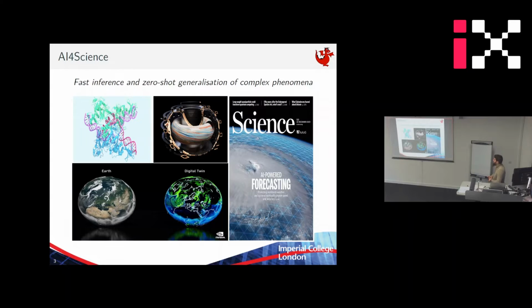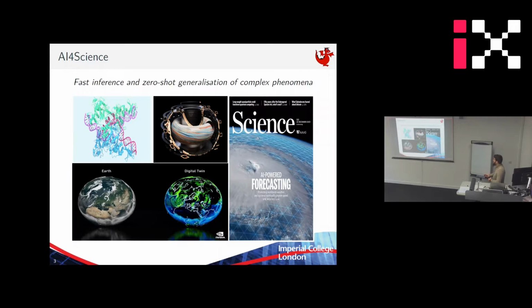So I would say one of the main takeaways is that they achieved a 10-day forecast of the weather in under 60 seconds, where state-of-the-art solvers, which operate at a slightly lower resolution, take about 1 hour. So that was a real game changer.